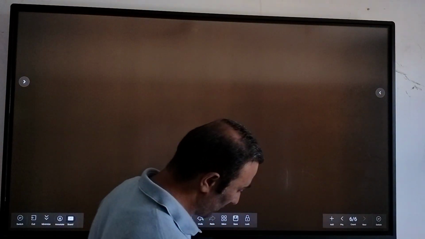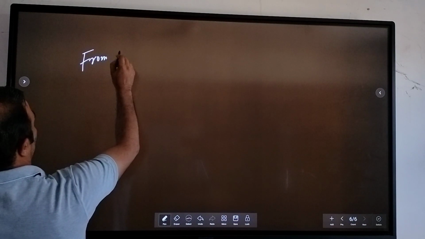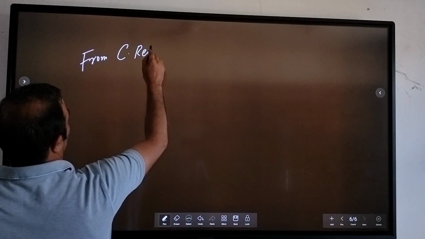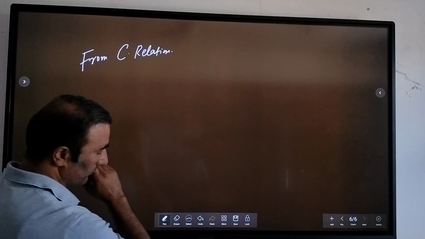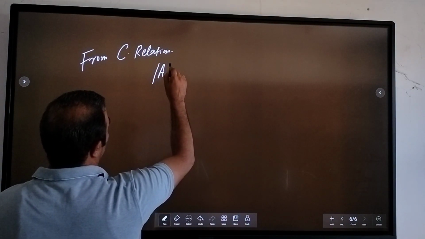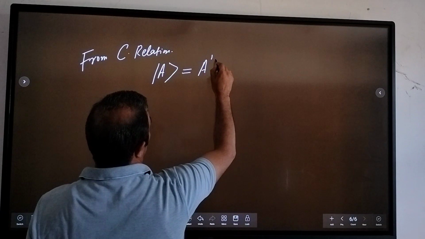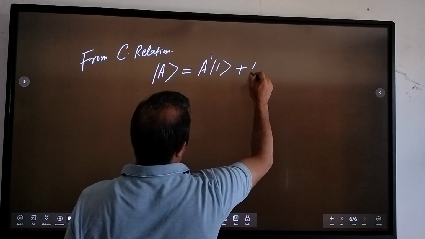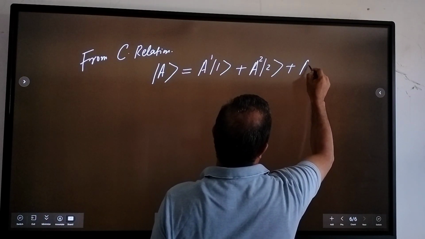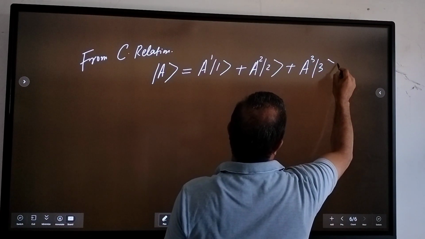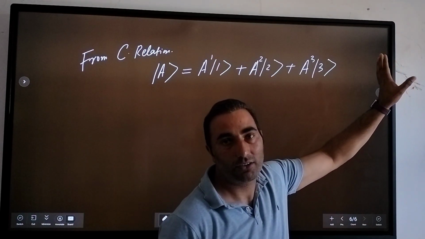And one more important point is that from this completeness relation, we can write that any vector can be written as, because I am saying that any vector can be written as a linear combination of these orthonormal unit vectors, right?